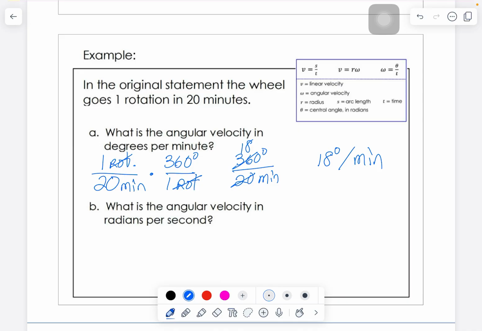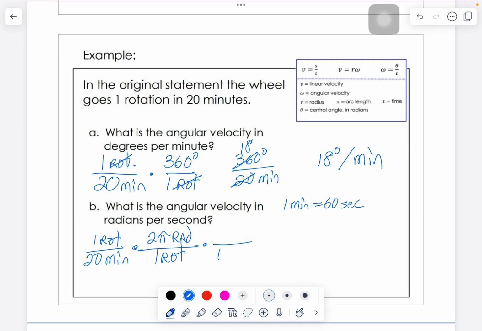If I'm figuring out angular velocity in radians, though, it's still one rotation per 20 minutes. But now it's no longer 360, it's going to be 2 pi radians per 1 rotation. And while I'm at it, I'm going to take the minutes and convert it to seconds. Because 1 minute is equal to 60 seconds, I'm going to put the 1 minute on my denominator, and the 60 seconds on the numerator, and watch how I got that flipped around, my bad. Got carried away. It should be 1 minute divided by 60 seconds.